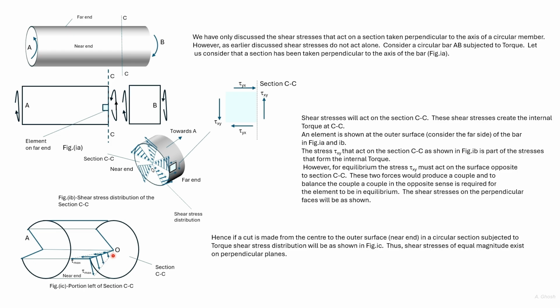Because we have taken the chunk out, we can see the shear stresses that are acting perpendicular to the section. The shear stresses increase from a zero value to a maximum value at the edge. All along the radius, the directions of these two shear stresses are perpendicular to each other.